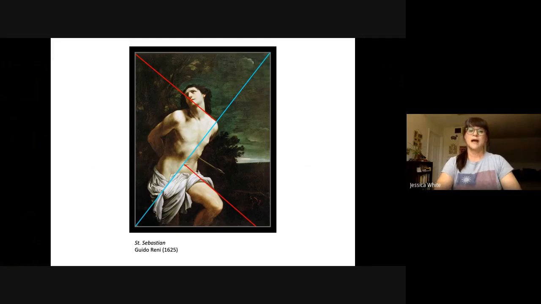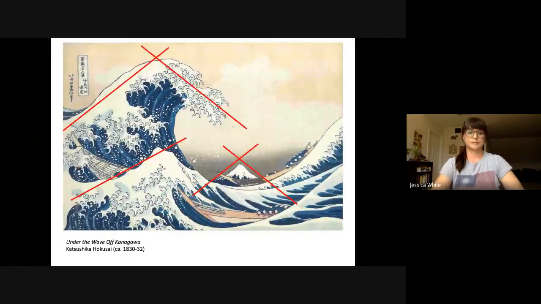Now, you don't necessarily have to have literal lines in your image to create dynamic lines. In this example, Saint Sebastian by Guido Reni, you can see that the way the body is turned, the way the head is turned, and the way the leg is turned as well creates visual lines. And the dynamics of The Great Wave off Kanagawa by Hokusai.